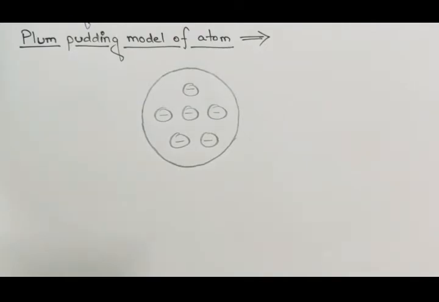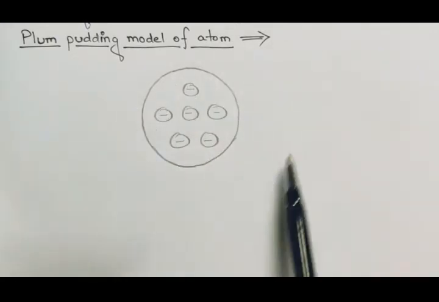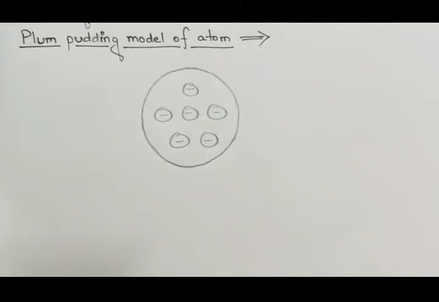So the total positive charge and the negative charge are equal, so overall the atom is electrically neutral. And the last postulate of the plum pudding model was that the mass of an atom is considered to be uniformly distributed throughout the atom. Clear?